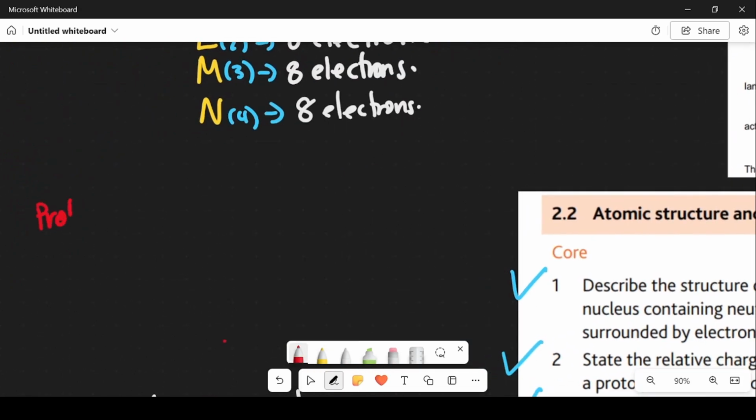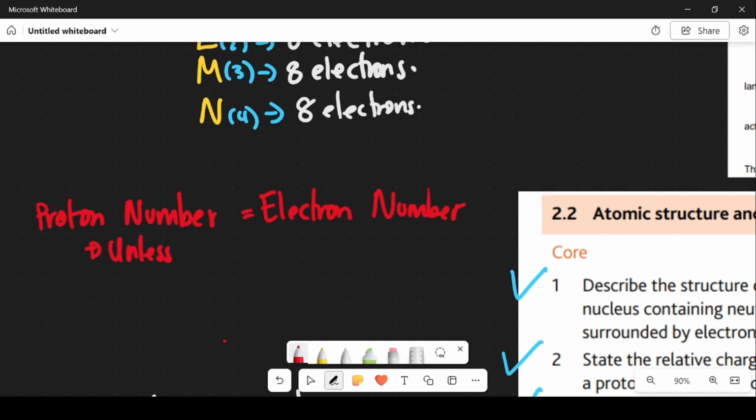Proton number is equal to electron number. And this only applies if it's an atom. So unless you have an ion. Your ion means you've lost electrons or you've gained electrons, so in that sense you won't have the same number of electrons and protons.